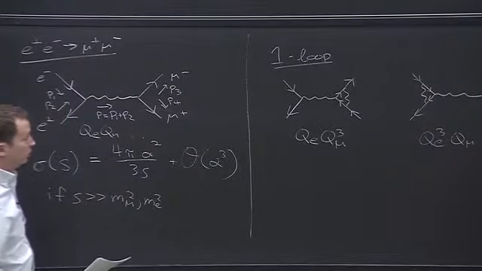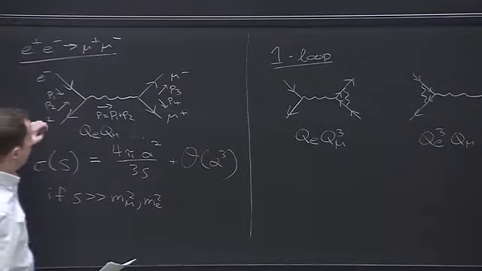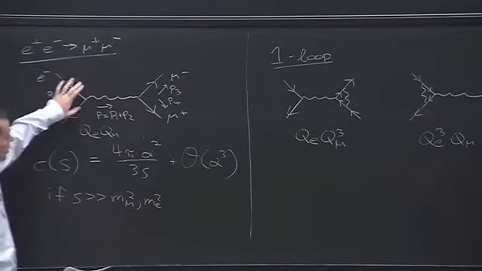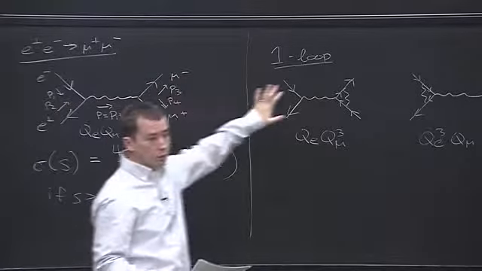So if we calculate this cross section to one loop, the tree level result is this diagram squared. The leading correction is the product of this diagram with these diagrams.